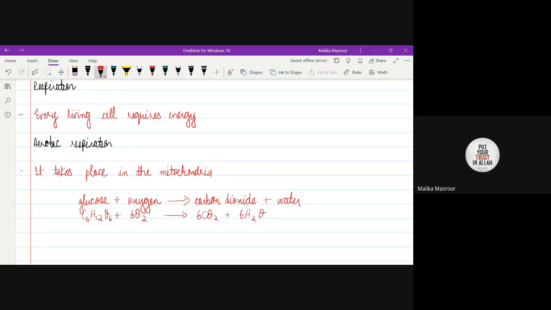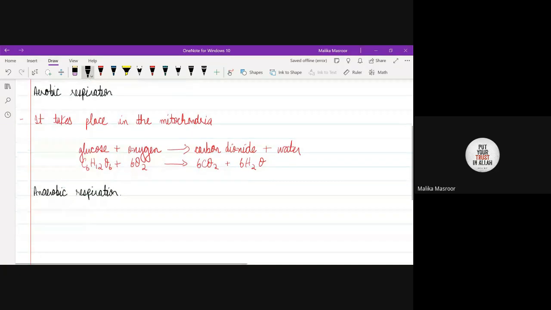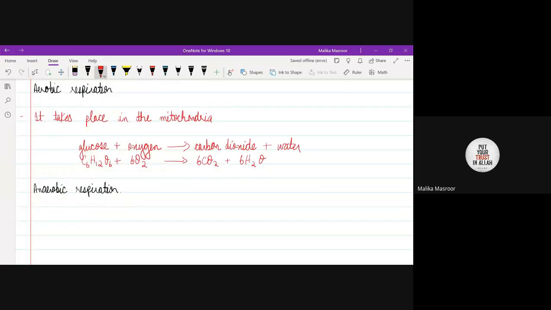Then we have the second type of respiration, that is anaerobic respiration. It is possible to release energy from glucose without using oxygen. But again, it is not as efficient a process as aerobic respiration. Not much energy is released per glucose molecule, so it is not as efficient as aerobic respiration.